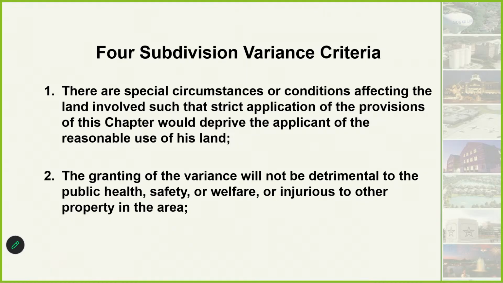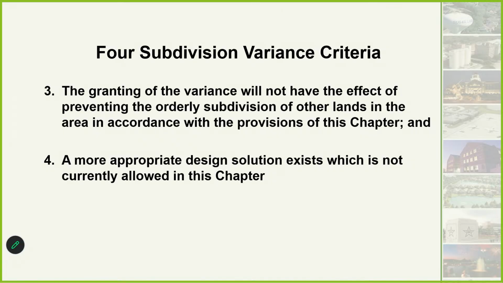Number 2, granting the variance would not be detrimental to the public health, safety, welfare, or injurious to other property in the area. 3, granting the variance will not have the effect of preventing the orderly subdivision of other lands in the area in accordance with the provisions of the subdivision regulations. And 4, a more appropriate design solution exists, which is not currently allowed by the subdivision regulations.